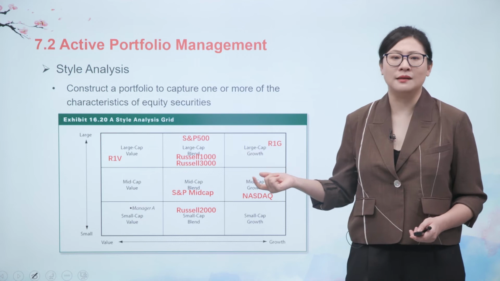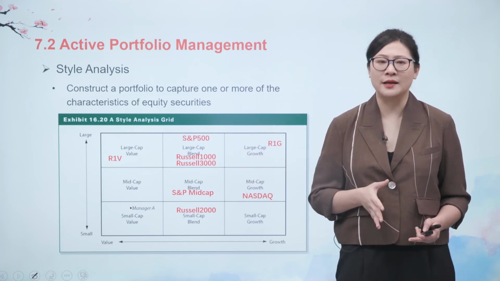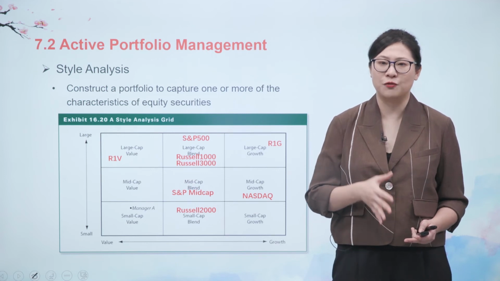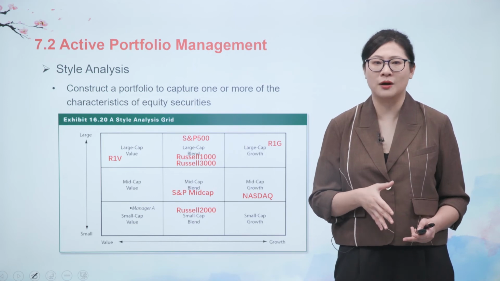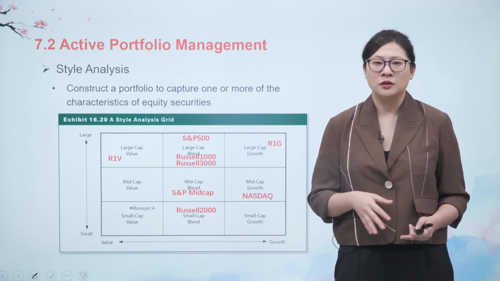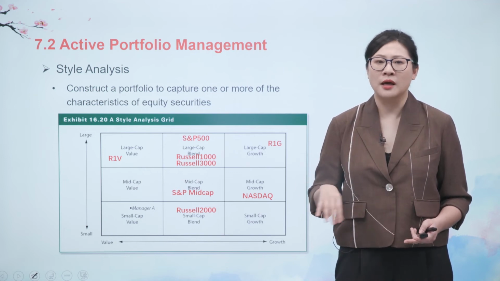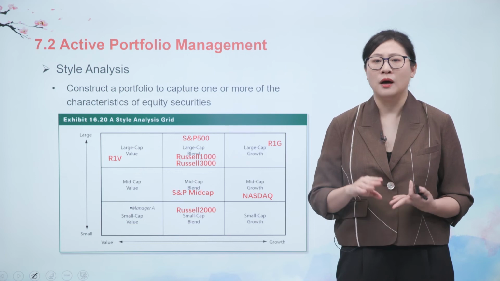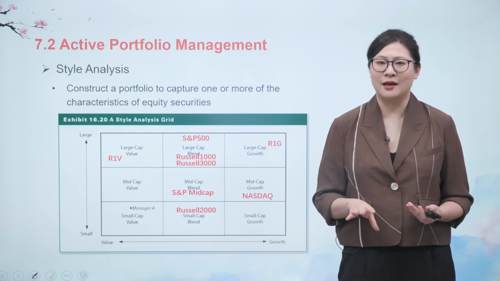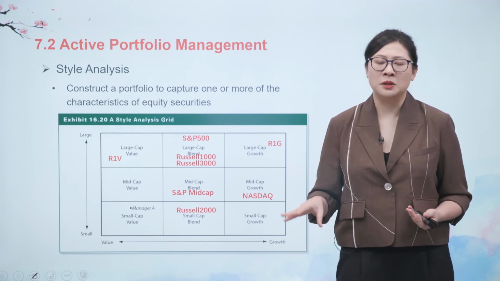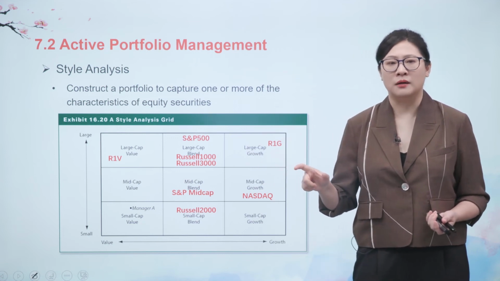In the last slide, we will talk about style analysis. We have discussed it before in the previous chapter, chapter 6, on the multi-factor model. In that part, we talked about style risk factors, including value, growth, volatility, liquidity, and beta, etc. Here, we just give you 2 style factors.